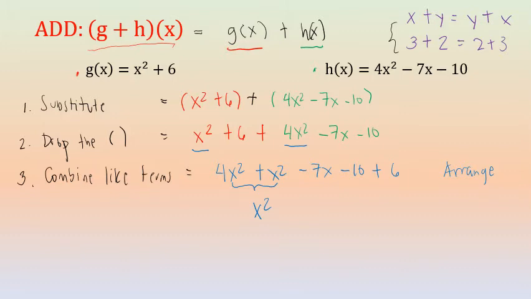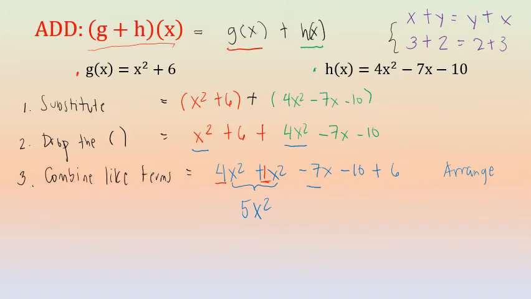So, dito sa dalawa, ano ba yung mga numerical value natin? We have here 4. And dito sa kabila, we have 1. Okay? So, let's perform the operation. 4 plus 1, that is 5. 5x squared.